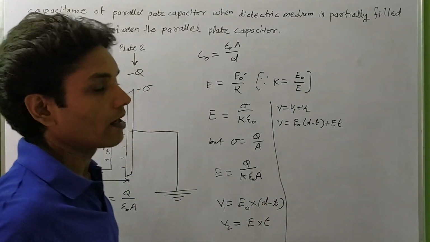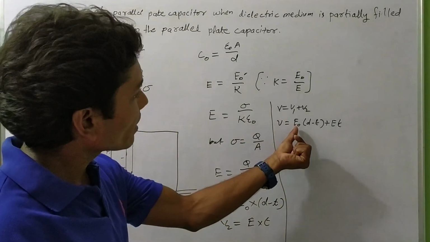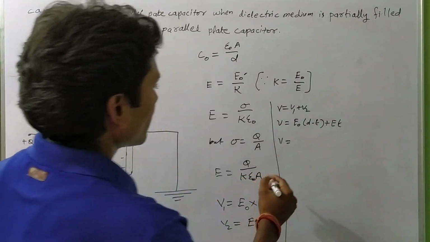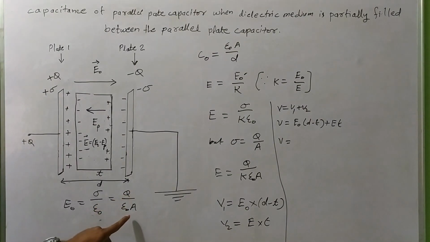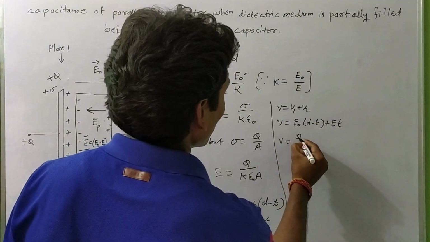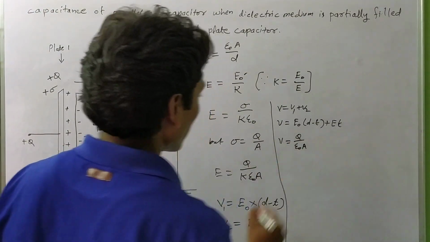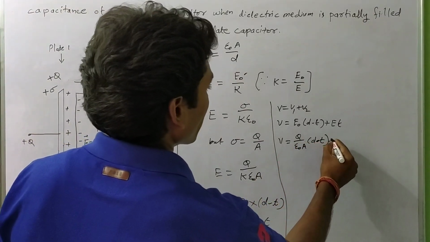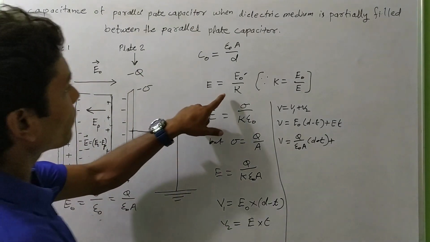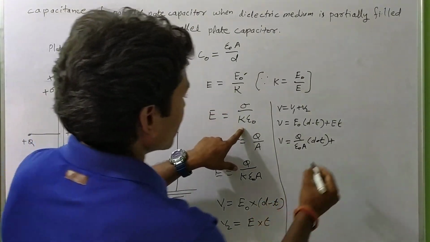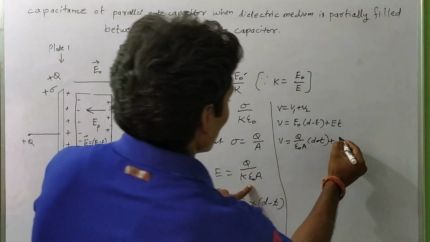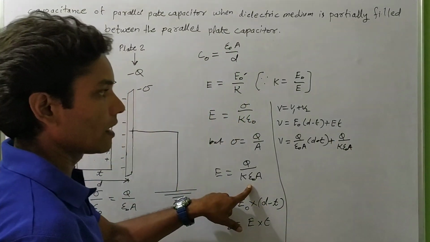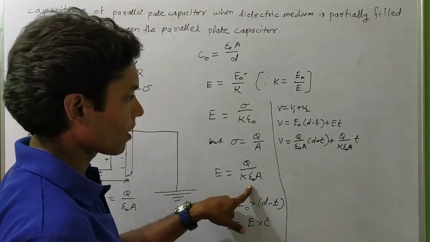On putting the values of E naught and E, E naught means Q upon epsilon naught A, so Q upon epsilon naught A into (d minus t), plus the value of E, which is Q upon K epsilon naught A, into t.